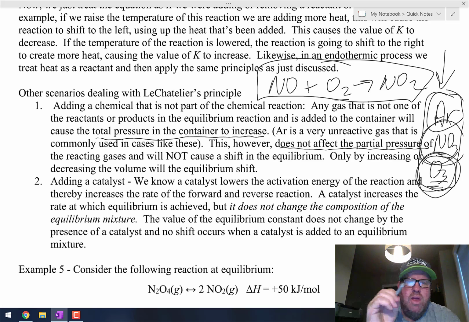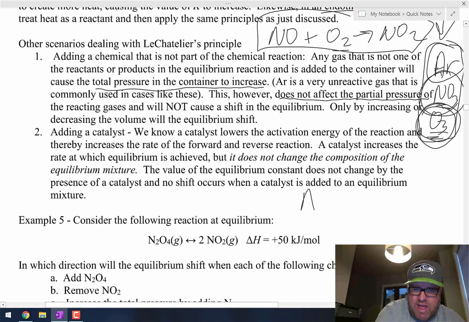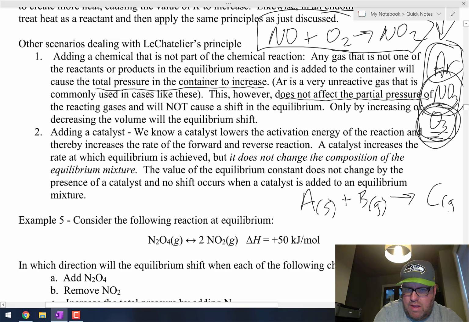Okay? Now, let's look at something like this. Let's say we have A solid plus B gas making C gas. Let's say that I add some C. I'm going to add some of this to the reaction mixture at equilibrium. What's going to happen?